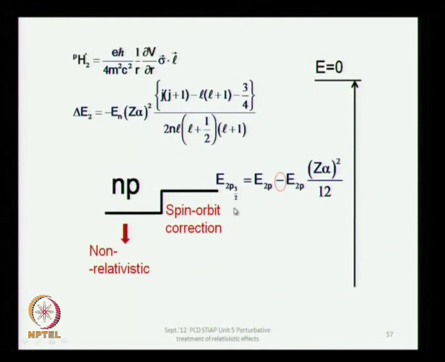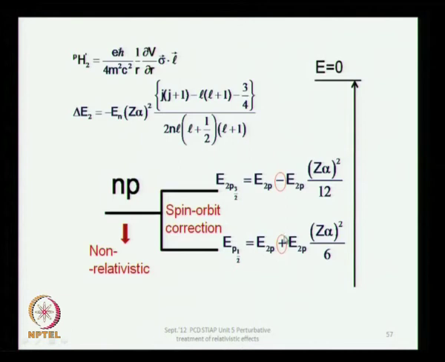So the 2p 3/2 state has an energy slightly raised relative to the 2p, whereas the 2p 1/2 state has this correction with an opposite sign. You remember I pointed out the change in sign for these two; in the case of 2p 1/2 you have a plus sign over here. The result is that this becomes deeper than it was, more negative, and these are the corresponding corrections because of the spin orbit effect.